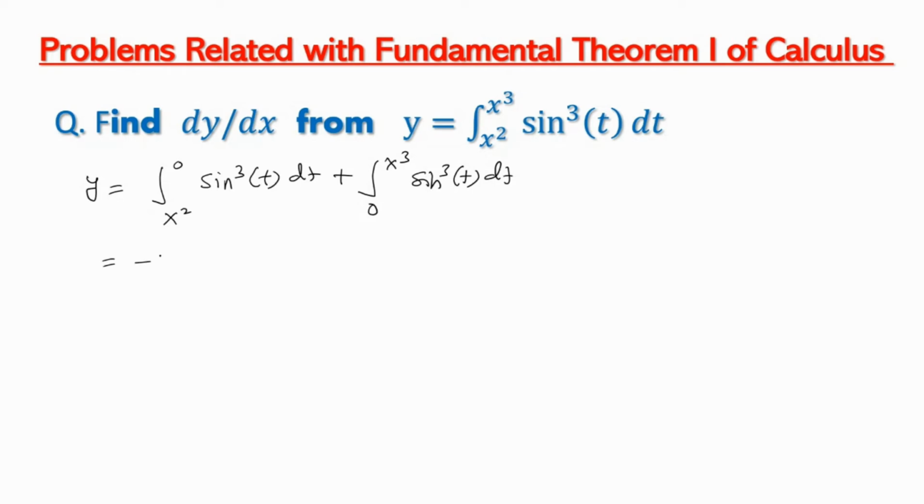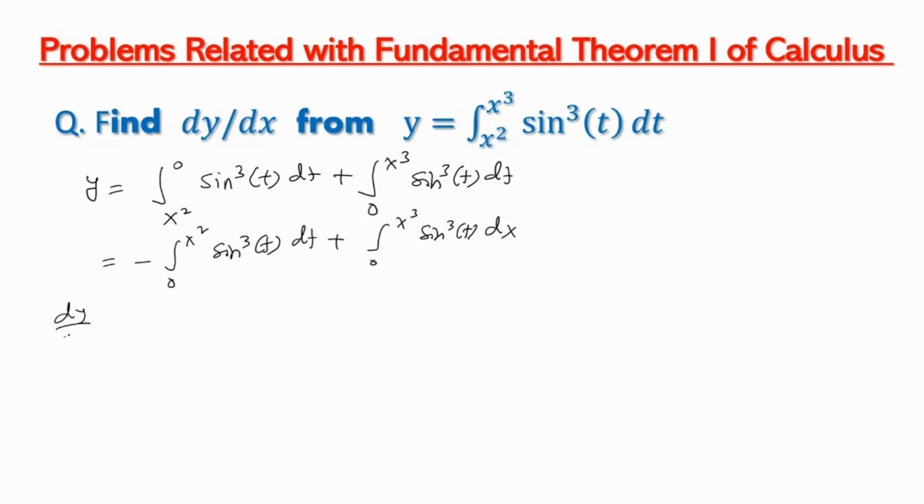So this can be written as minus the integral from 0 to x square of 3t dt plus the integral from 0 to x to the power 3.